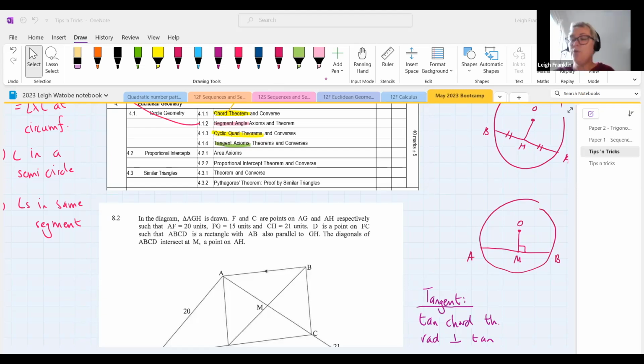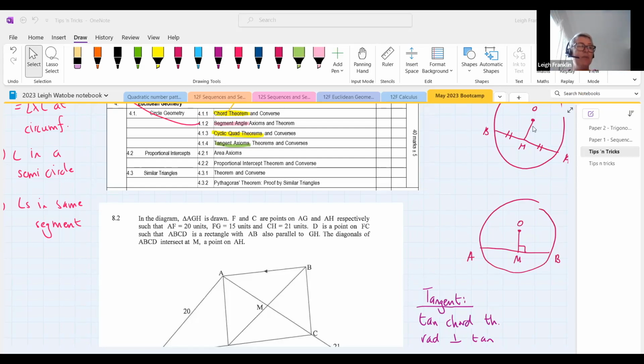Okay, so in geometry, there's a way of working forwards, and then there's always a way of working backwards. So for example, when we have got the angle between the tangent and a chord, we can use tan chord theorem to establish that the angles are equal. Then we can work backwards.